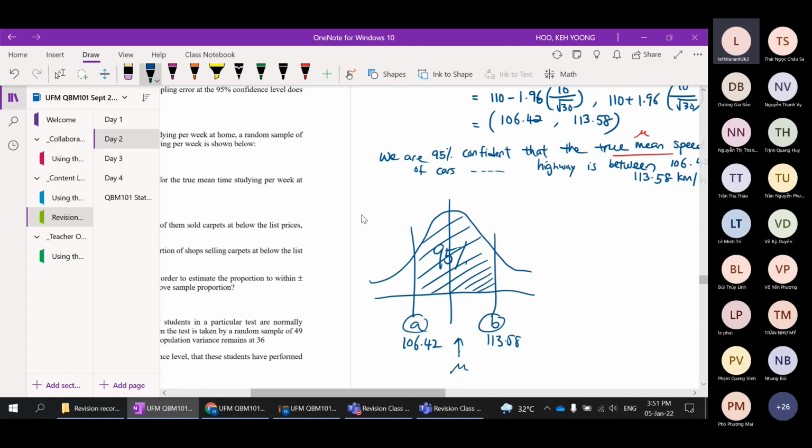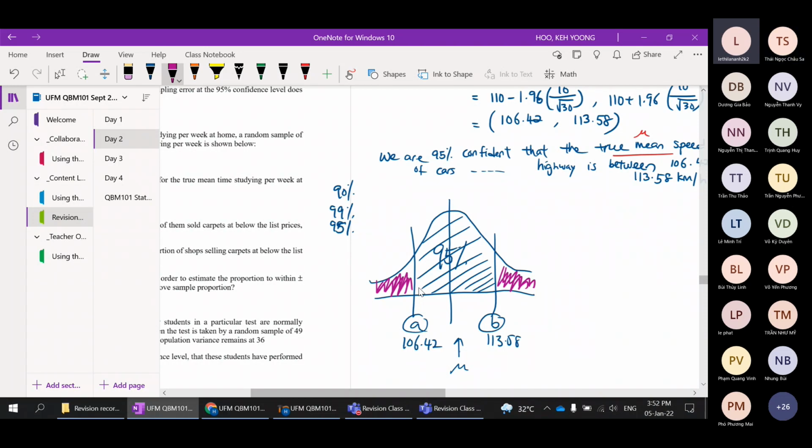It could be any percentage, 90%, 95%, 99%, doesn't matter. With the given percentage, we need to know the remaining area here. Look at these shaded areas. If my center is 95% already, what should the shaded area be?